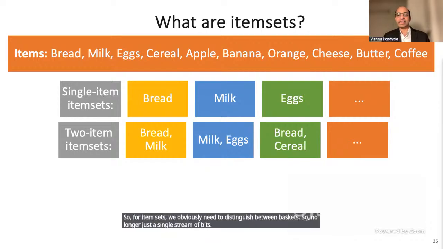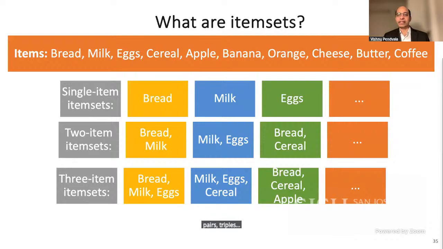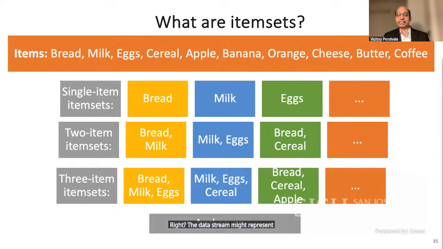Item sets are groups of items bought or observed together in the same market basket: singletons, pairs, triples, and so on. Each level adds complexity, right? The data stream might represent shopping baskets, sensor events, or user actions.